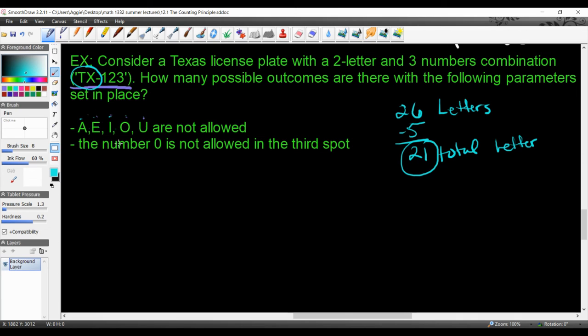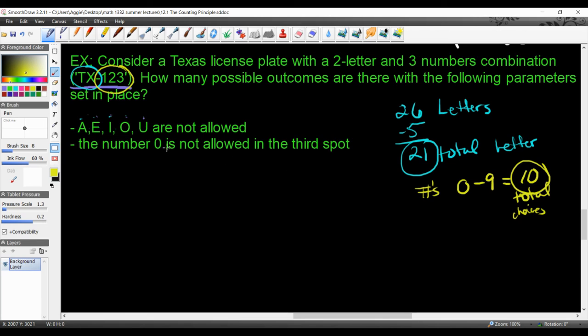And then for the numbers, they're single digit numbers, so we have 0 through 9, which is a total of 10 numbers. So 10 total choices. Keep that in mind.